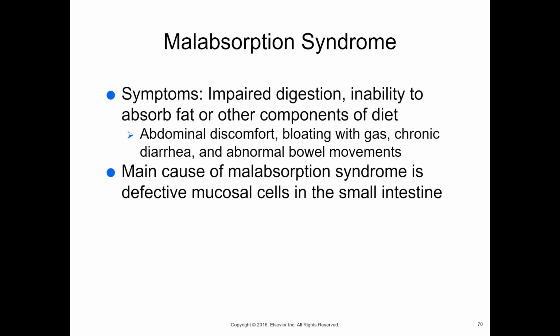Malabsorption syndrome, we've already kind of mentioned this, but essentially any disruption of the components of the digestive tract that lead to a reduction in absorption of nutrients of any kind is a malabsorption syndrome. Typically, they're related to enzymes not being present to break down things.